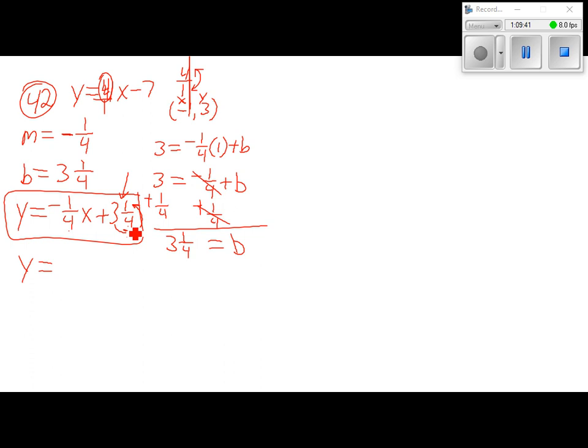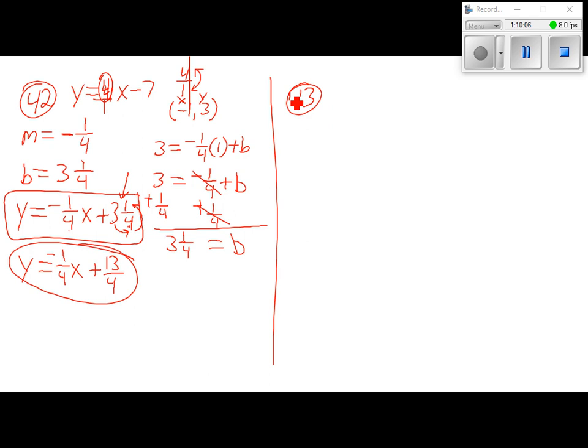So I'm going to write down the rest of this first. That's negative 1/4 x. 3 times 4 is 12, plus 1 is 13, and then the bottom number stays the same. So that's a little better form. Everything's just written as a fraction instead of that mixed number.